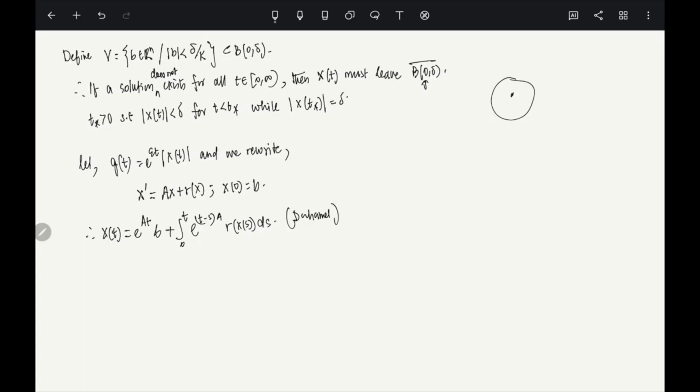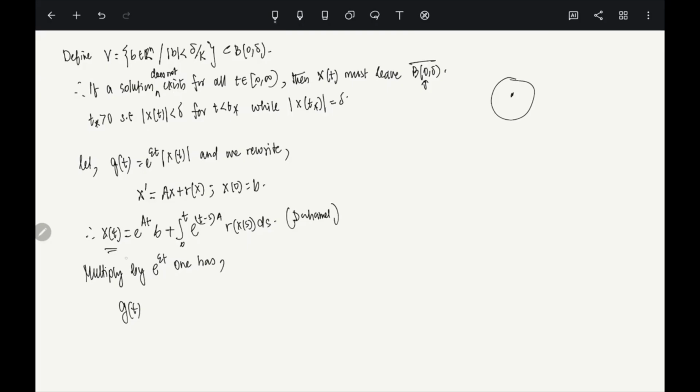Okay. So now, we multiply this particular equation by e power epsilon t. So multiply by e power epsilon t, one has g of t.